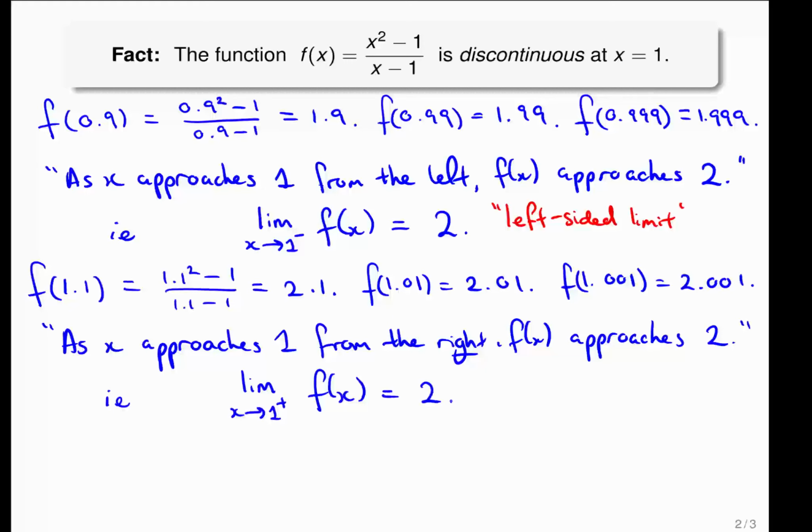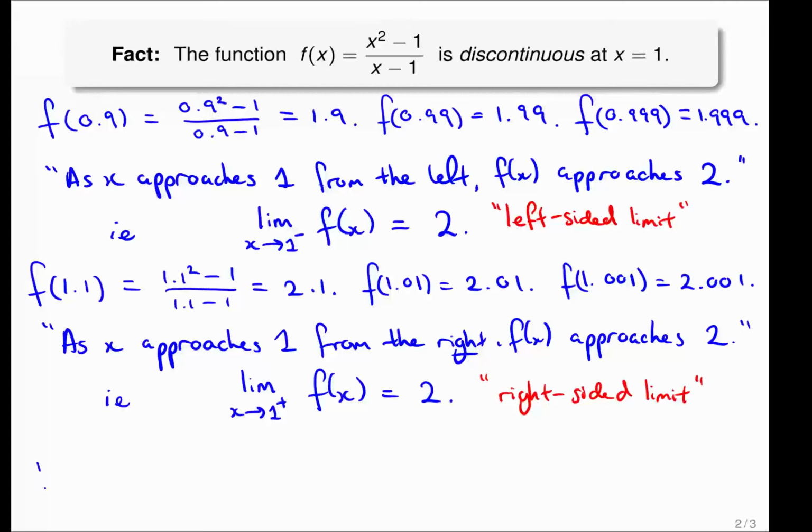The concept of approaching x equals 1 from the right is denoted by this positive sign here. And this limit is an example of what we call the right-sided limit. And finally, since the left and right-sided limits are the same number, here that's 2, we say that the limit exists.